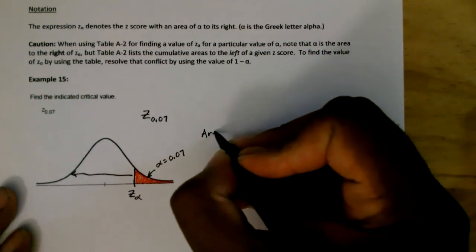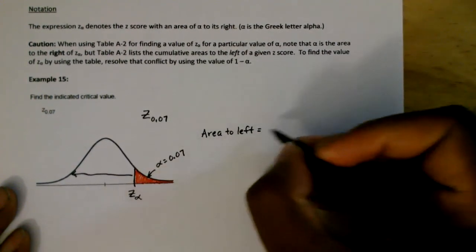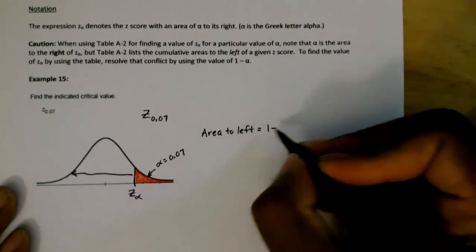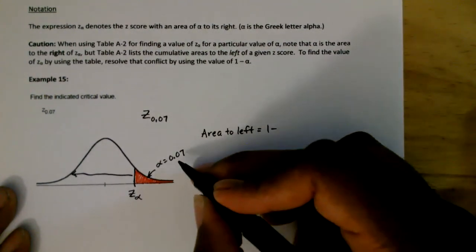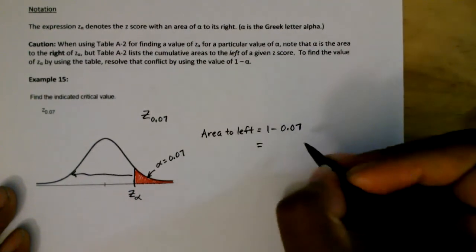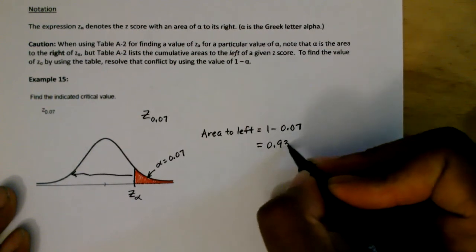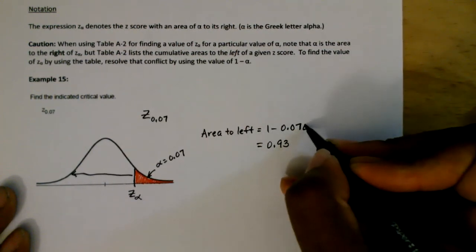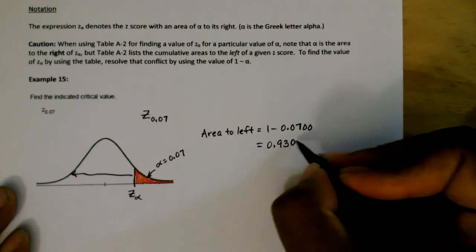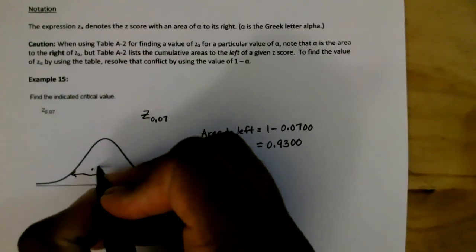The area to the left is this: 1 minus the area to the right, which is 0.07. So if I subtract 0.07 from 1, I'm going to get 0.93. And let's extend this out to two more decimal places, because the table uses 4 decimal places. So it'll be 0.9300. That's going to be the area to the left.